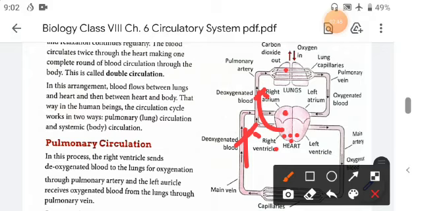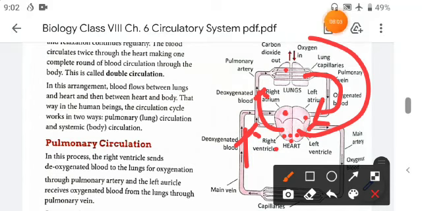Okay, now when it is oxygenated, the blood comes into the left atrium, and finally it moves to the left ventricle, and through the left ventricle it will move to all parts of the body. And how? Through the arteries, through the aorta, that is called.